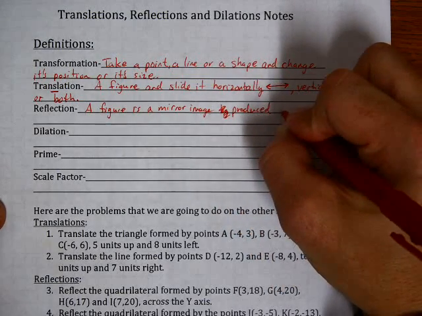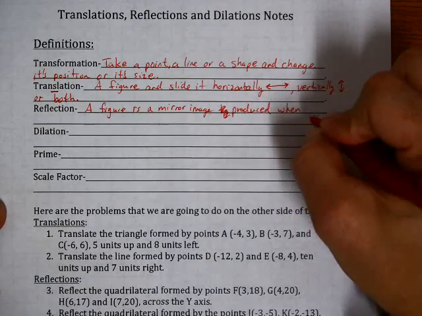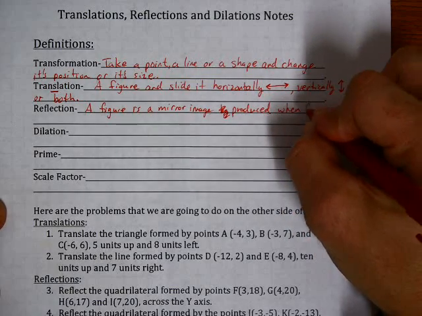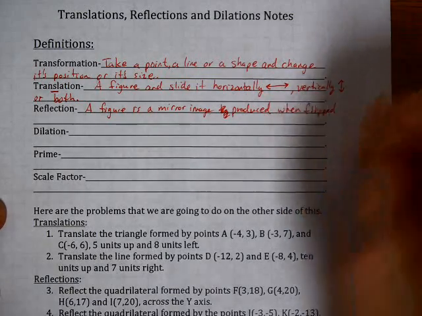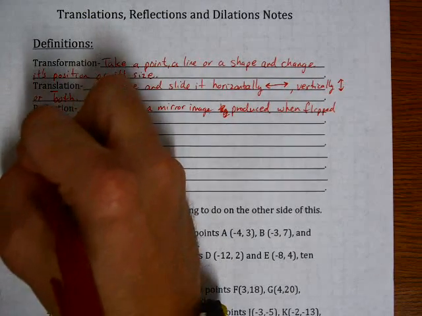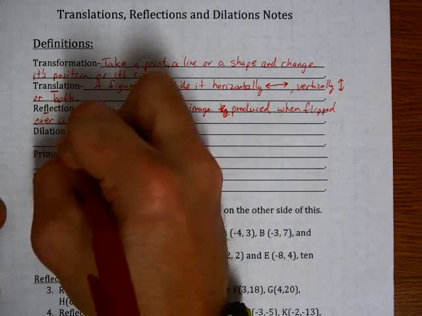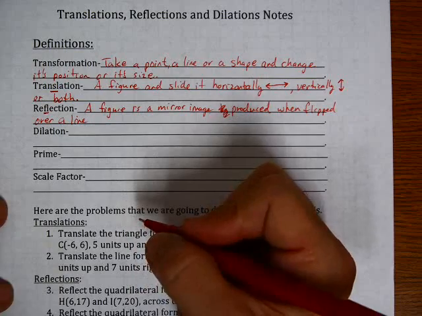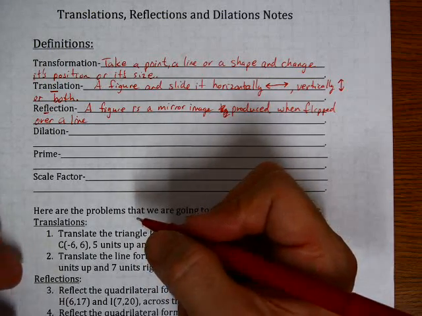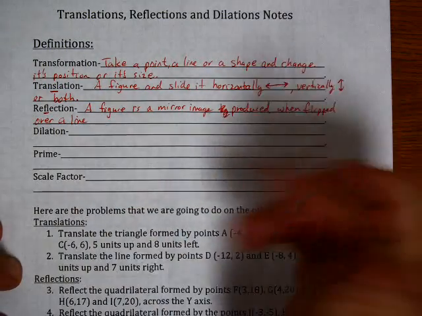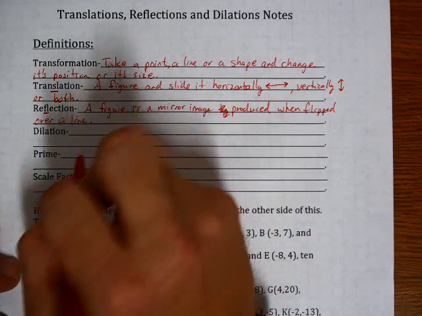A figure is a mirror image produced when the figure is flipped. FL for flipped. Flipped over a line, which is normally the X or Y axis, which you've got to be real careful, make sure you actually go over the correct axis. Okay.